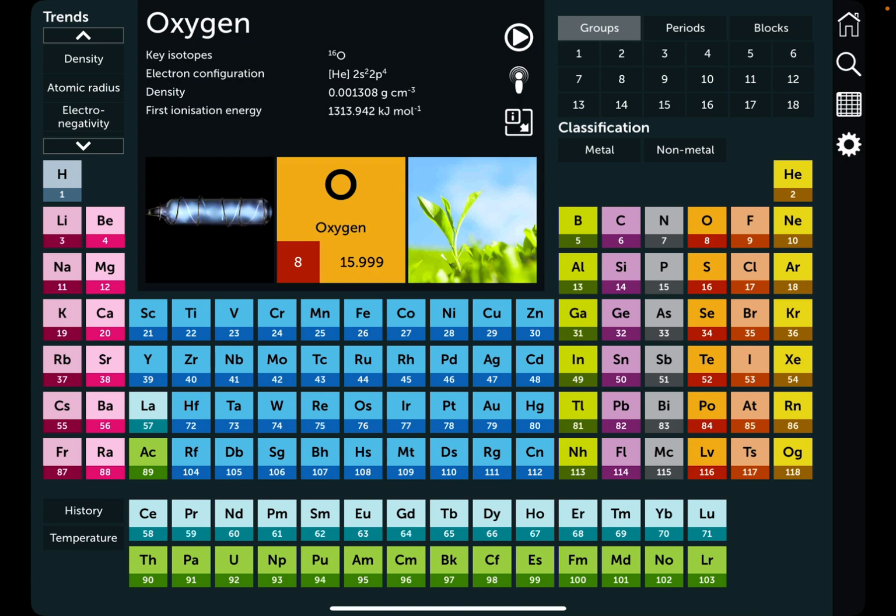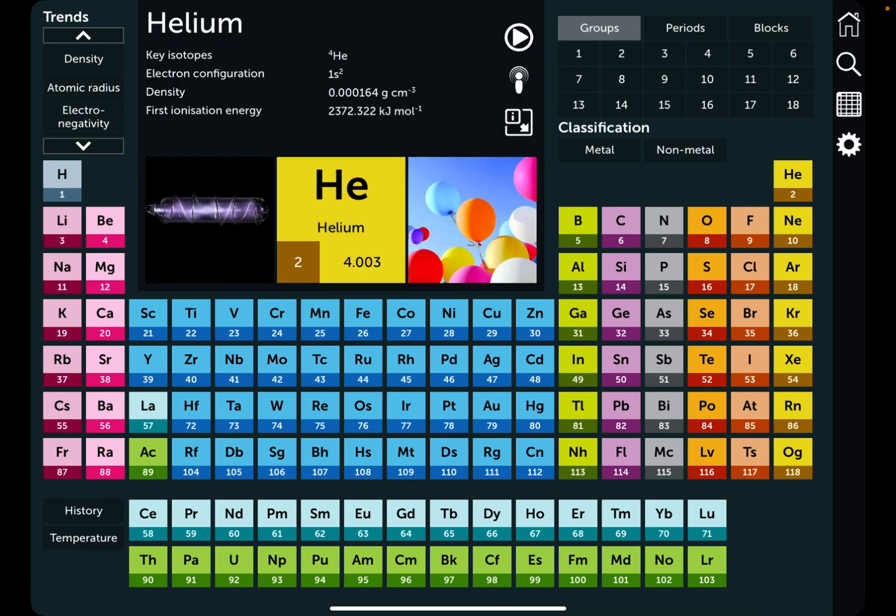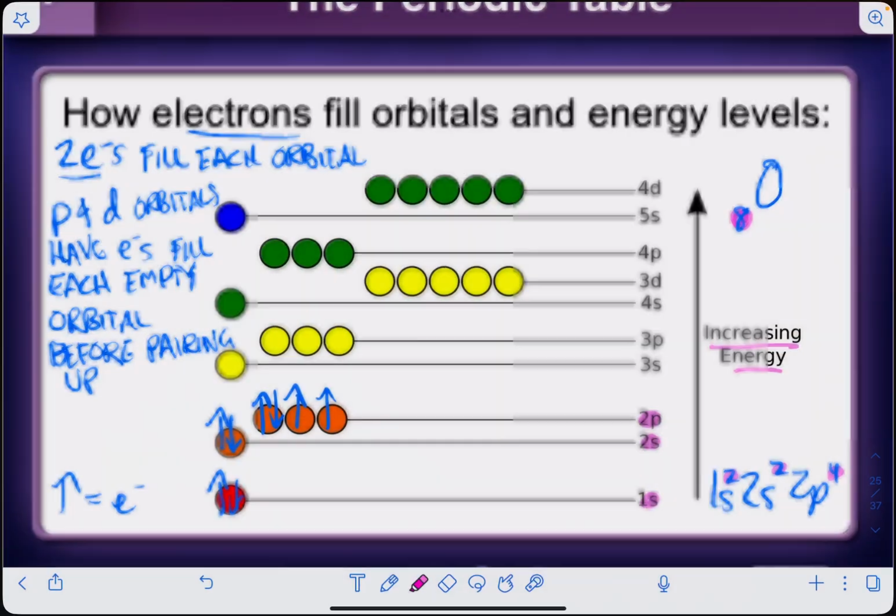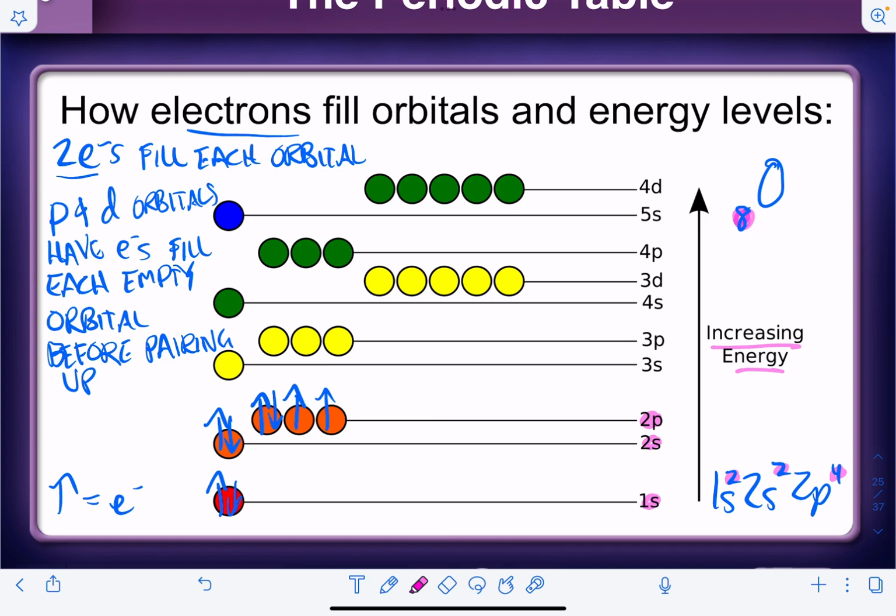This is what we call noble gas notation. So what we do is we use noble gases to kind of give us a shortcut for writing electron configurations. And what that means is the helium in brackets is also equivalent to 1s2. So when I write this, I'm going to put helium in brackets and then 2s2 2p4.